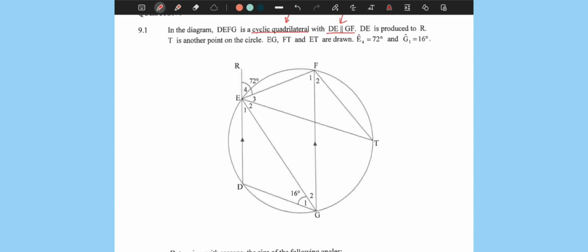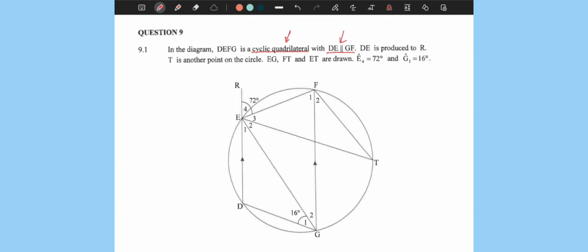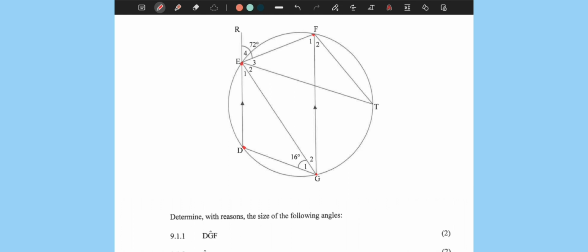Now let's highlight the part for the cyclic quad, which is DEFG: D, E, F, G. You can see that it is forming the cyclic quad here. Let me highlight it in red so you can see our cyclic quad fully.